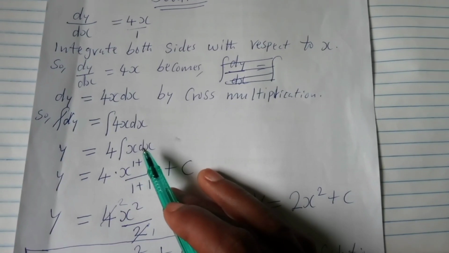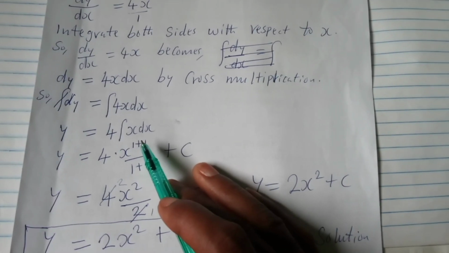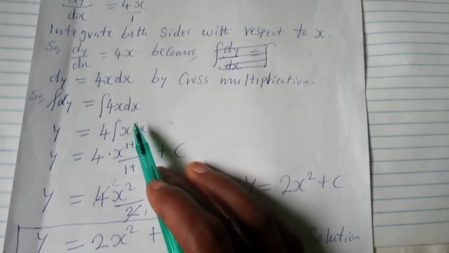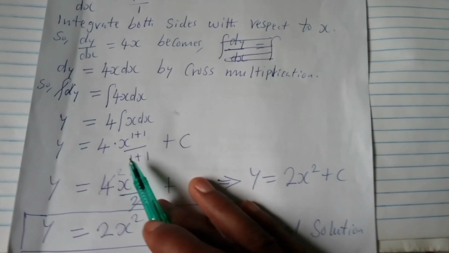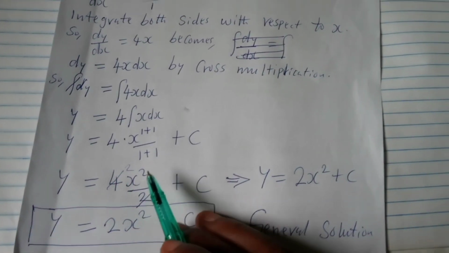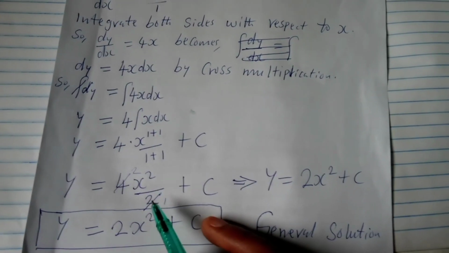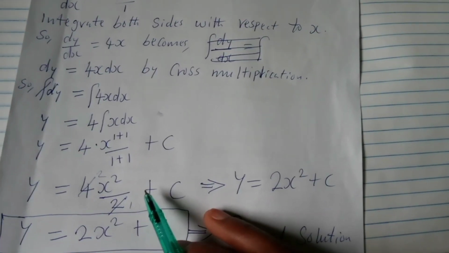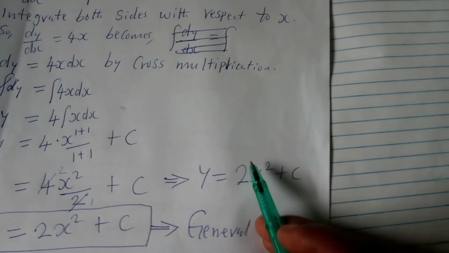When we integrate this x, it has an invisible power of 1, so we add 1 to it and also divide by 1 plus 1. That's why I have 4x squared all over 2. 2 goes into 2, 1. 2 goes into 4 how many times? 2 times. That's why I have y equals 2x squared plus c.